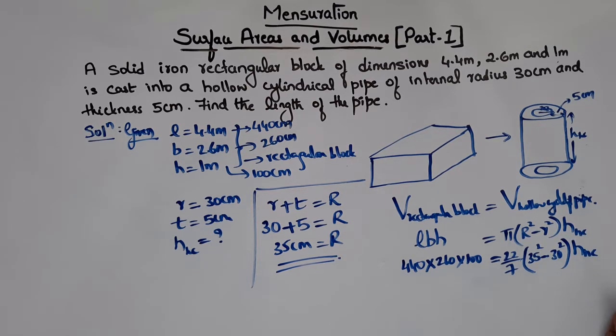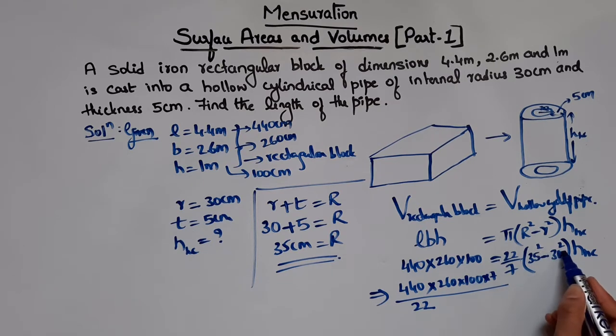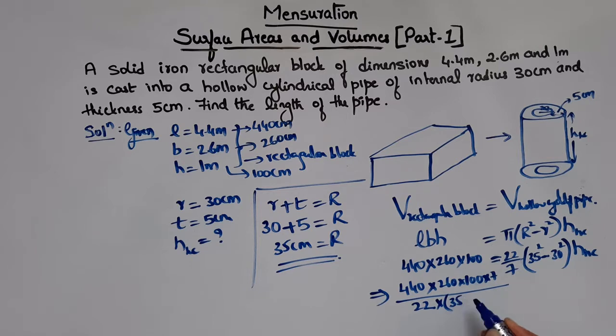So this implies, let's bring all these terms together. This 7 will go to the numerator and this 22 will come to the denominator. This is of the form a square minus b square, so that will be a plus b, a minus b, that we will bring to the denominator, 35 plus 30, 35 minus 30, which is equal to h of the hollow cylinder, HC.